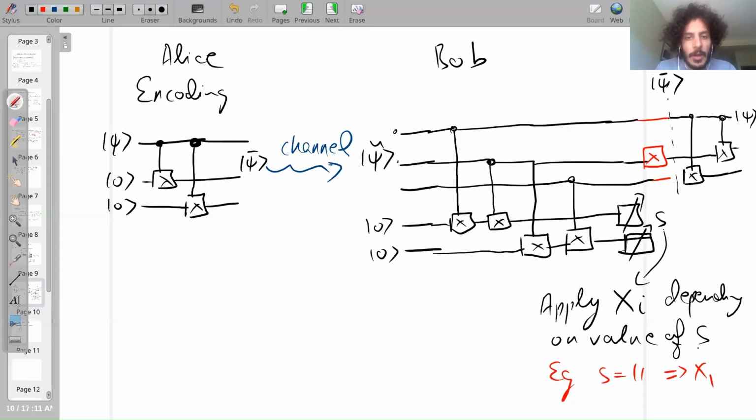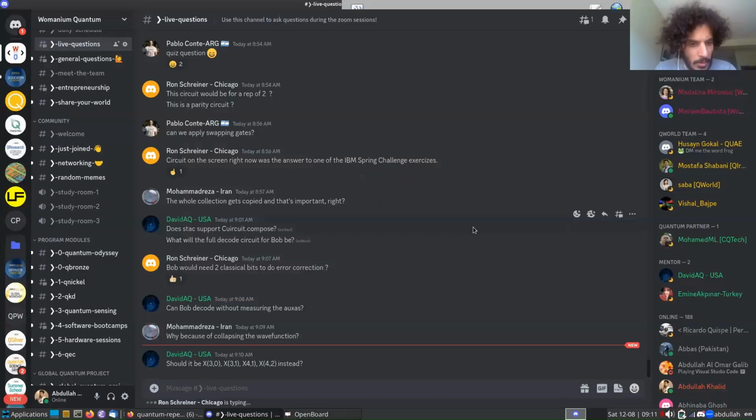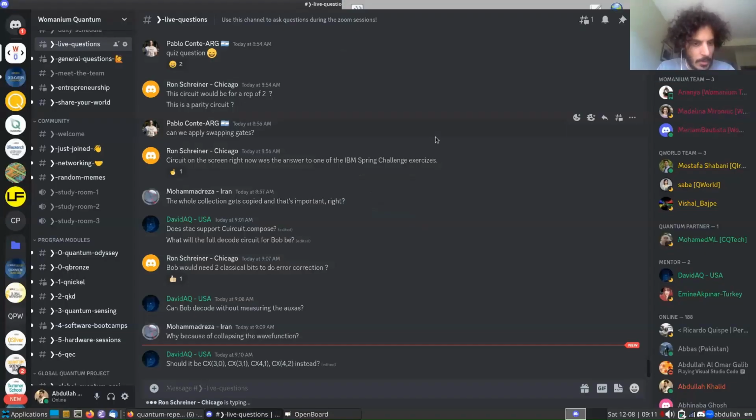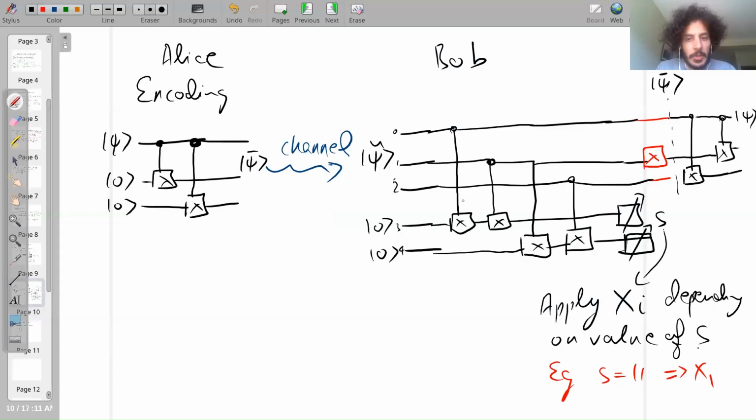So this is 0, 1, 2, 3, 4. So are you saying that, oh, do you want to flip the control gates and control them over here and put the X over here? Is that what you're saying? So you're saying that it should be flipped?